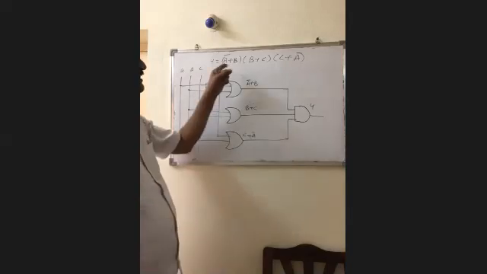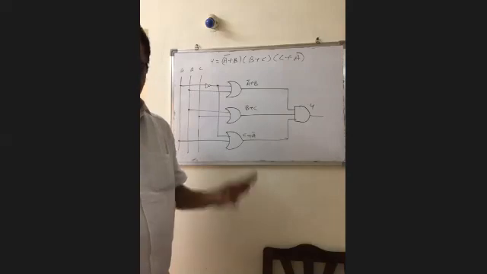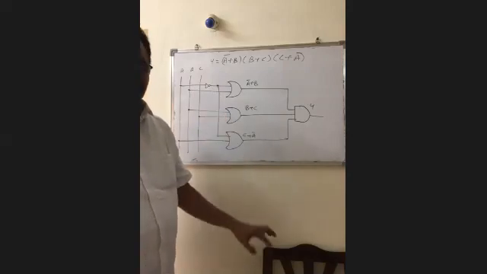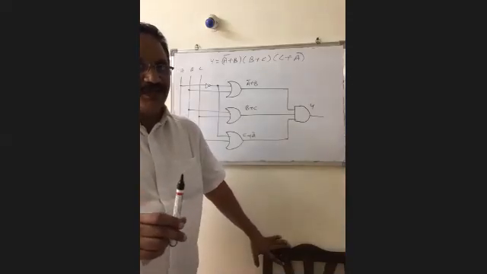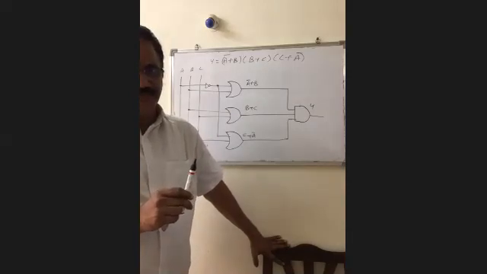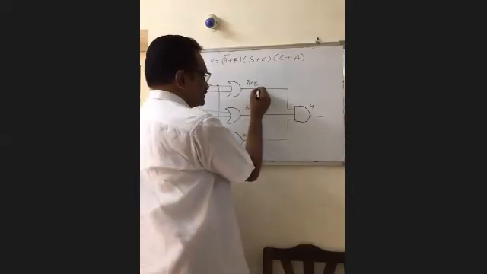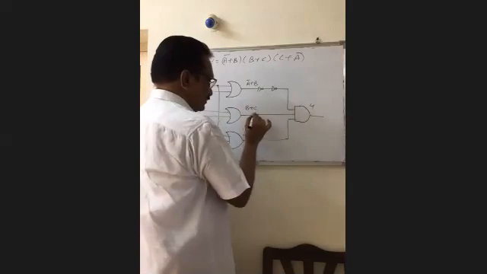To realize the same expression, that is product of sums form, by using only NOR gates, not an AND, by using only NOR gates, so same as in the previous example, connect here two NOT gates, there is no difference in the operation of the circuit.